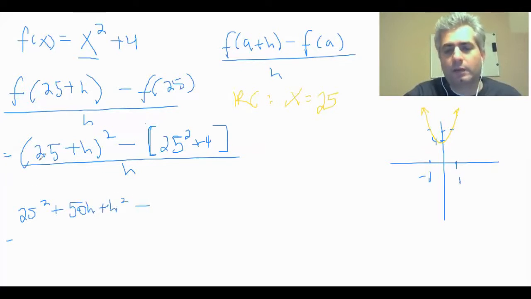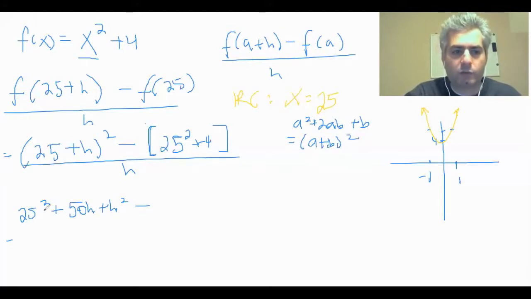Now you could easily use the distributive property or FOIL, 25 plus h times 25 plus h. But if you know that's a binomial squared, you can follow the pattern a squared plus 2ab plus b squared, the formula for a perfect square binomial.